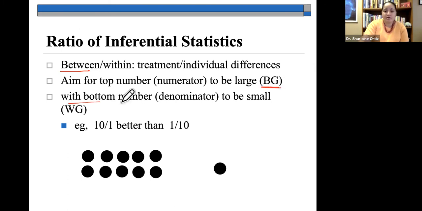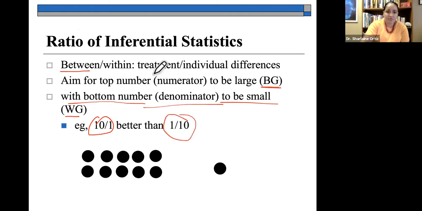With that bottom number, the denominator, we're looking for it to be small within the group. So for example, 10 to 1 will be better than a 1 to 10 difference, because we want to aim for that between difference rather than that within difference.